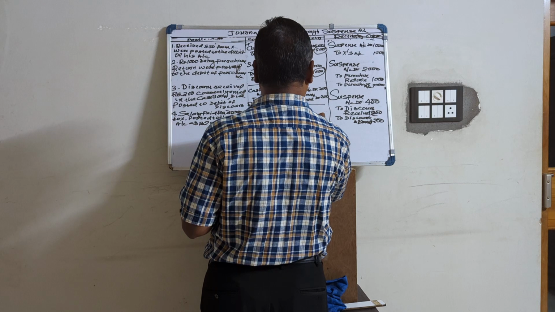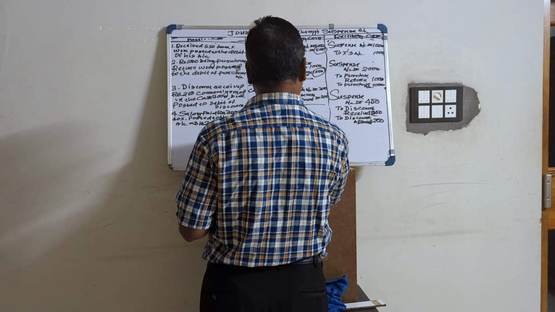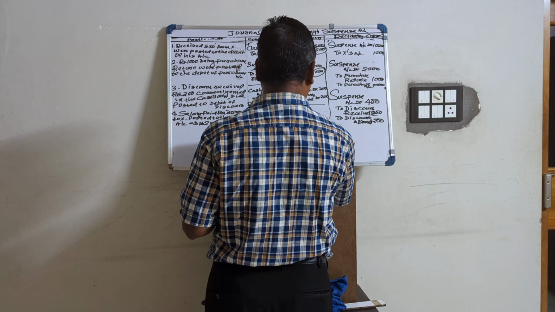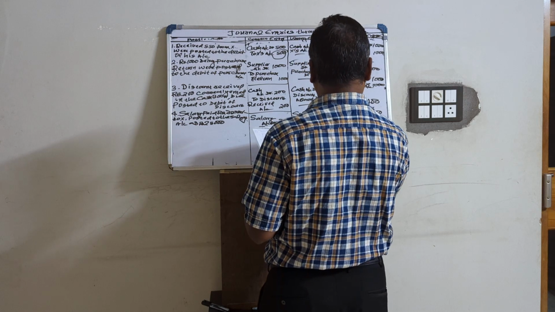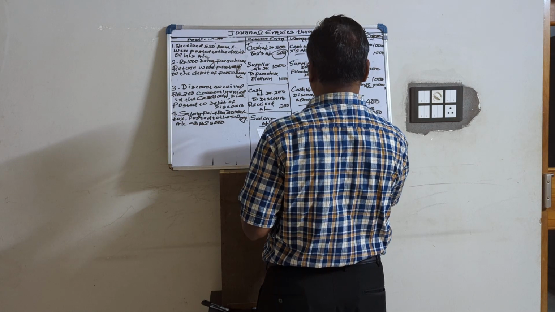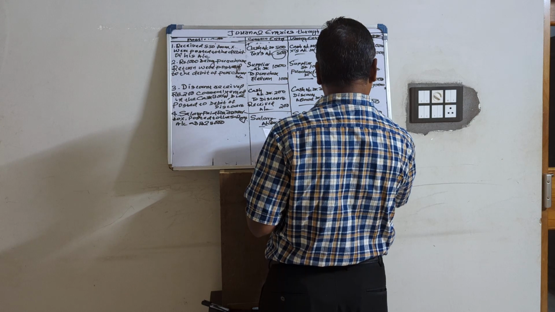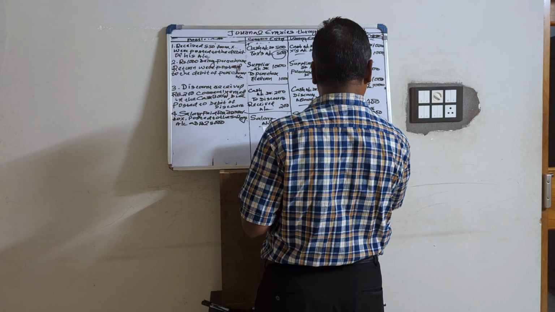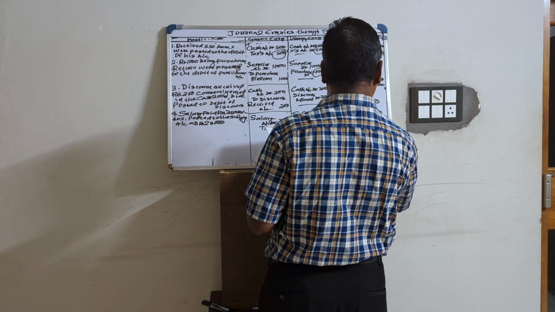Salary is debited with 25,000 to cash, which is correct. The correct amount is 35,000, so 10,000 is the debit shortage of salary. So we will debit the salary account, 10,000, to suspense account, that is 10,000.